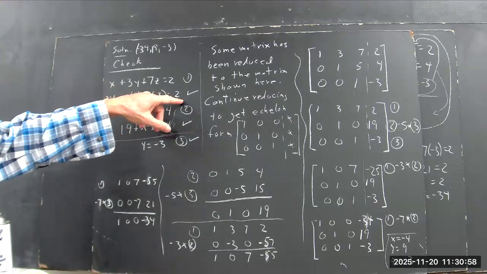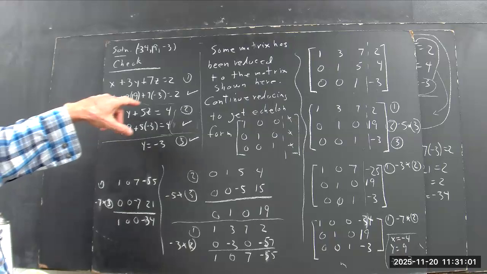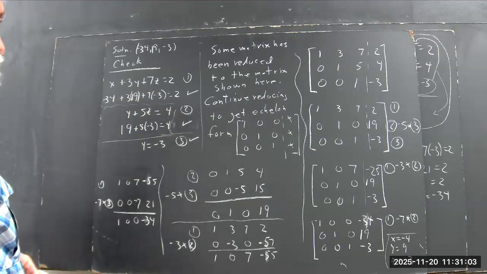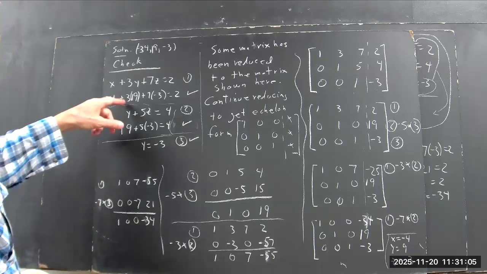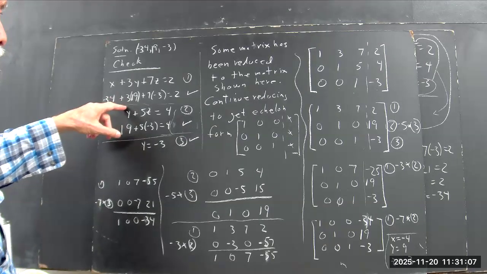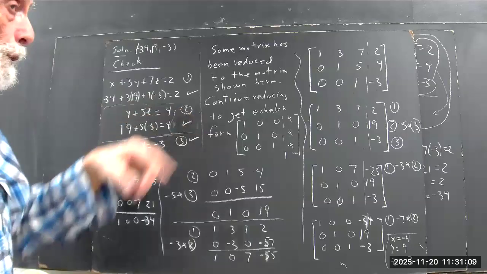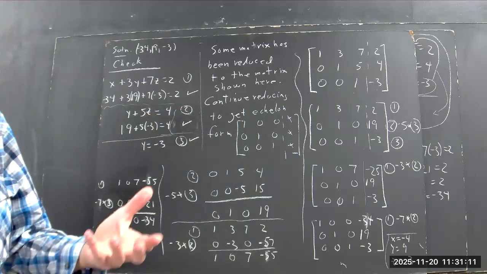Okay, so there's the first equation as it should be. Negative 34 and negative 21 gives us negative 55. 3 times 19 is 57. 57 and negative 55 is 2. And you can write that out.